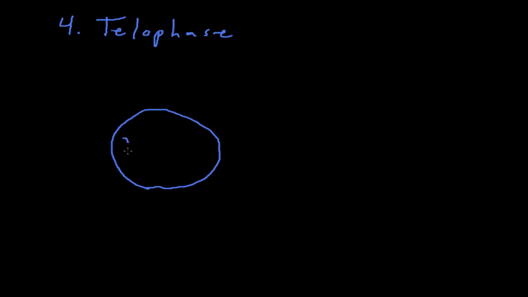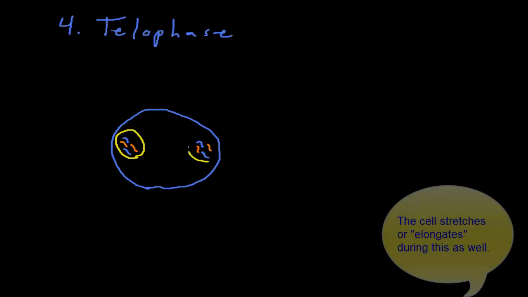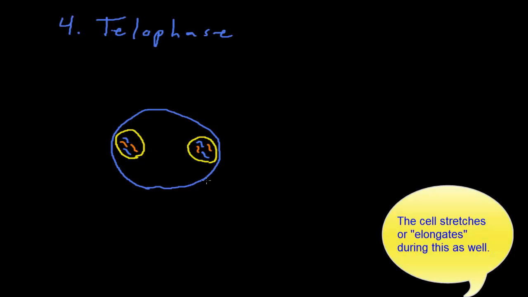Okay, so now the chromosomes are bunched together on opposite sides of the cell. Remember, chromosomes are exact copies of each other, and one copy went to one side and the other copy went to the other. And what happens during telophase? Remember this old nuclear membrane? The nuclear membrane forms. 2 nuclear membranes form.